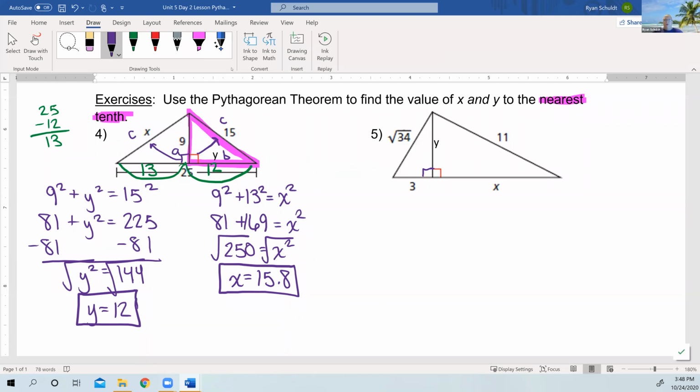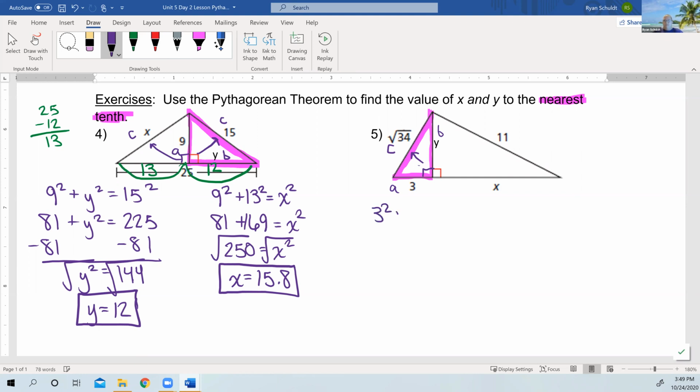I only know one on the right. So I need to start with this one over here on the left because I know more sides of it. So that means this one is going to be my C. That's A and B.